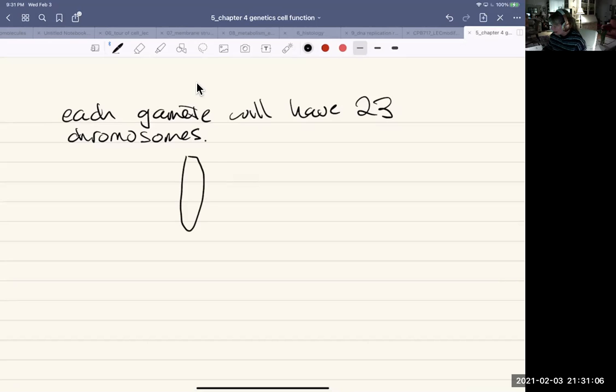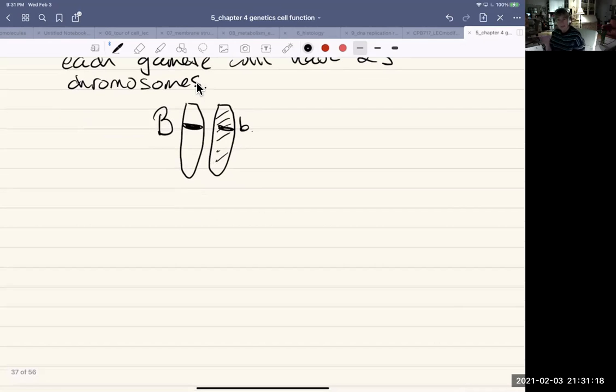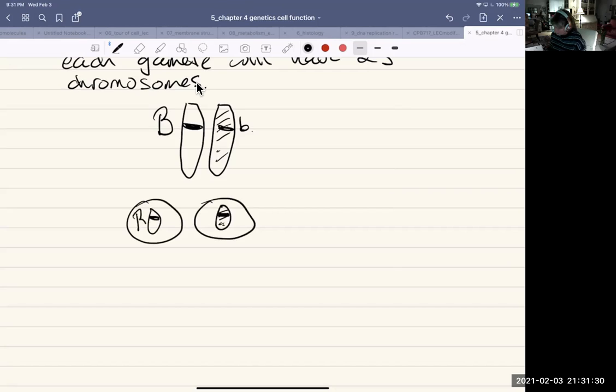So if this parent has a large B there and a little b there, and makes gametes, I'm going to skip the stages in between, but the gametes, we've only got two possibilities, right? You can have this chromosome or this chromosome. You can get B or little b.